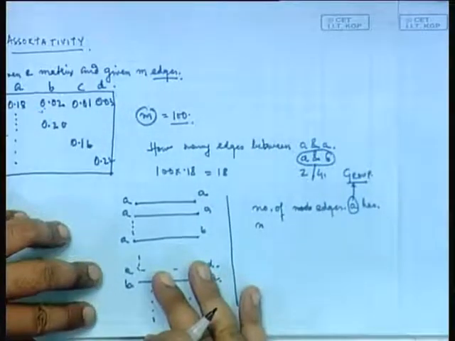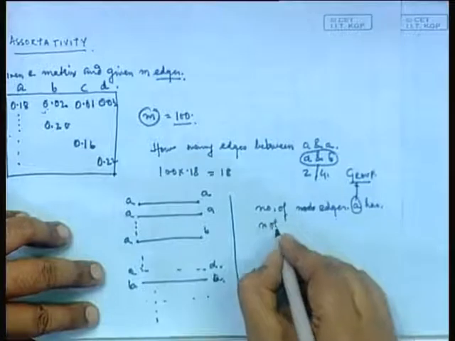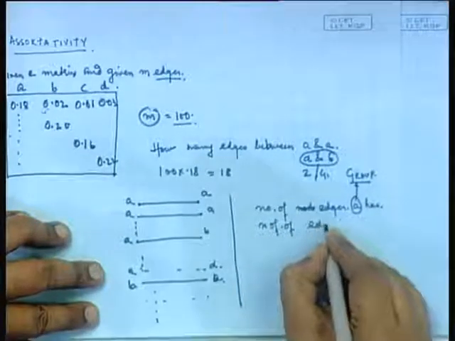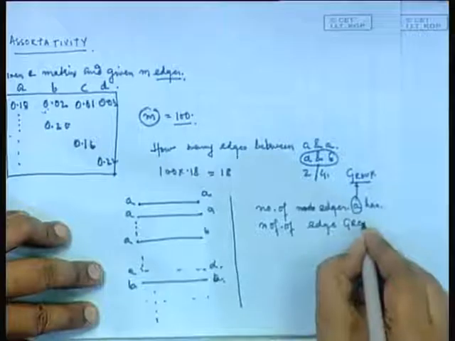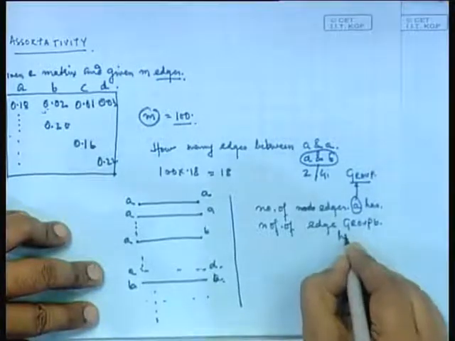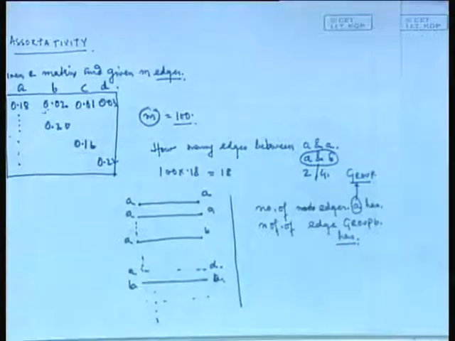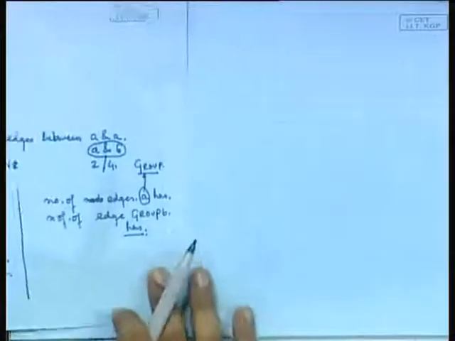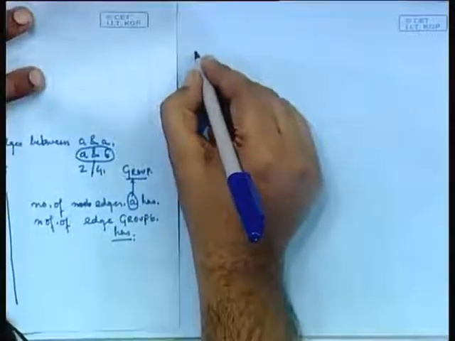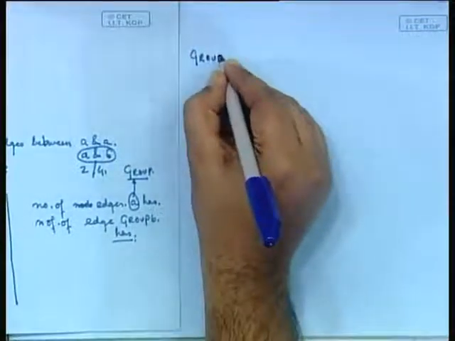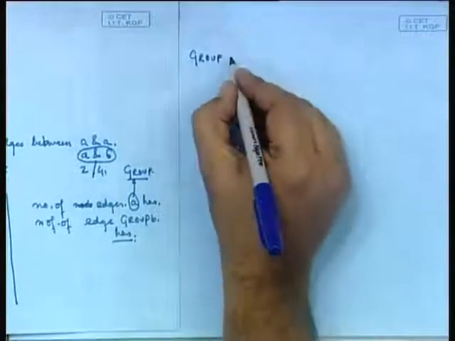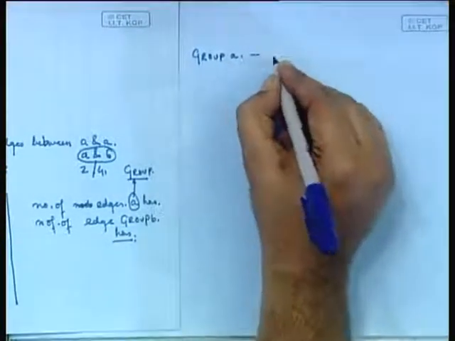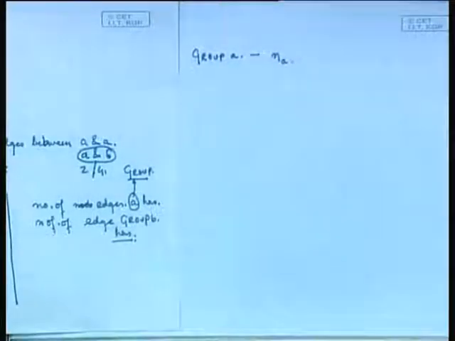Okay, or number of edges group B has. Now, group A actually will have some NA number of nodes.